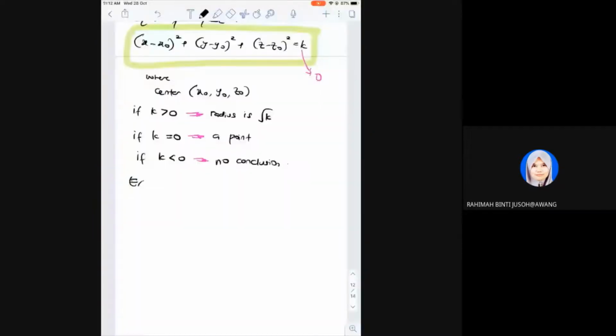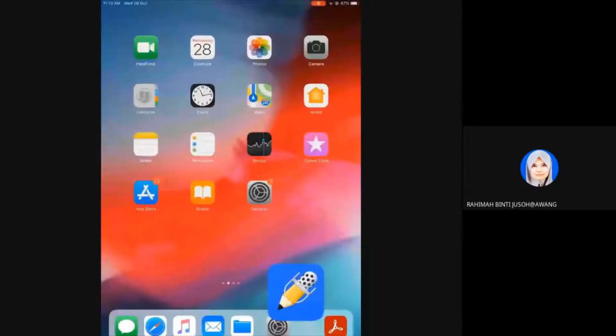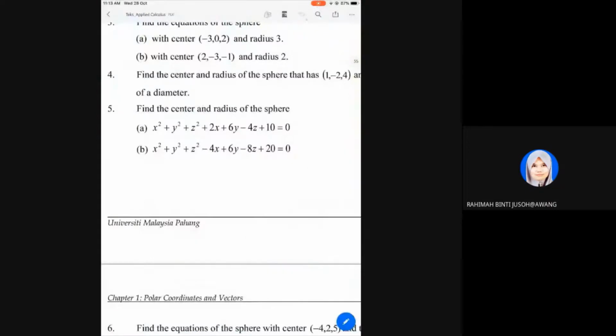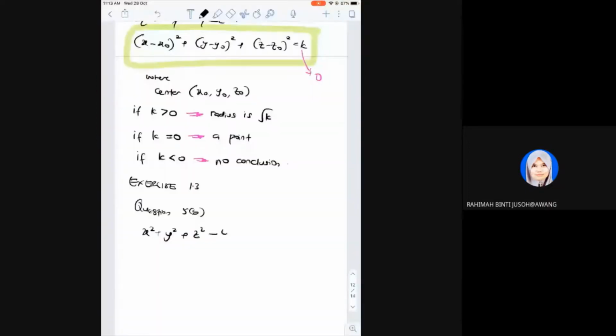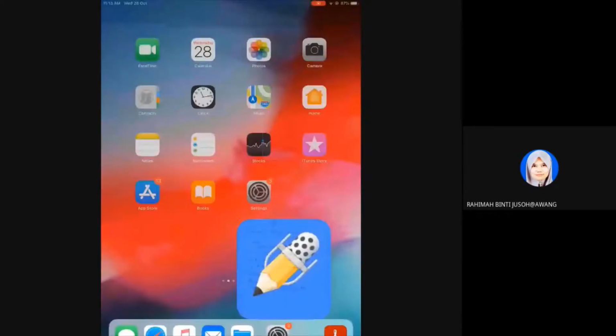Exercise 1.3, question 5B. We have x squared plus y squared plus z squared, and then kita ada apa ni? -4x, 6y, -8z, plus 20 equals to 0.